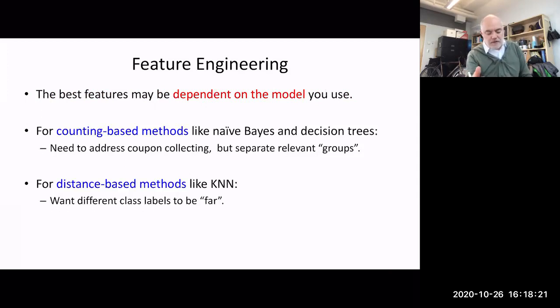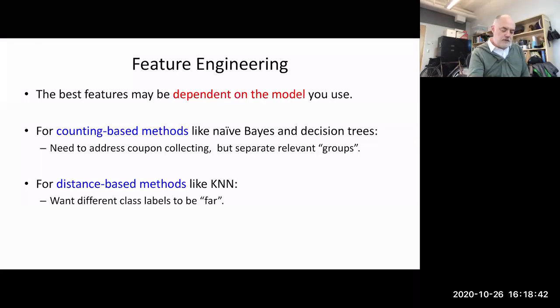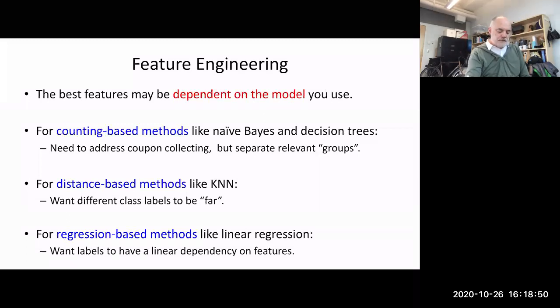So for counting-based methods like naive Bayes and decision trees, you have to think about the coupon collecting problem. In other words, you need to choose features that you can actually estimate counts for, but still separate relevant groups, right? For distance methods like k-nearest neighbors, you want features that result in data items with different class labels being far apart.